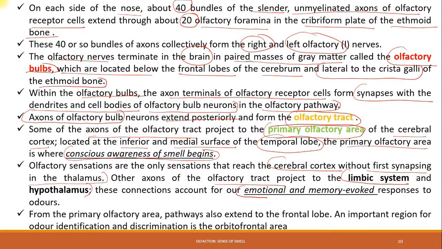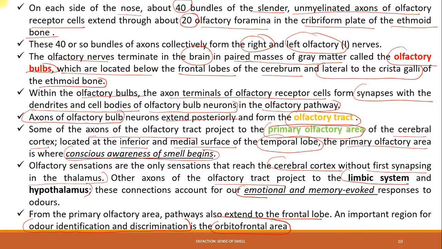From the primary olfactory area, pathways also extend to the frontal lobe, and an important region for odor identification and discrimination is the orbitofrontal area. So from the primary olfactory area, which is a part of the temporal lobe, some axons reach the orbitofrontal area of the frontal lobe, where there is a site of odor identification and discrimination.